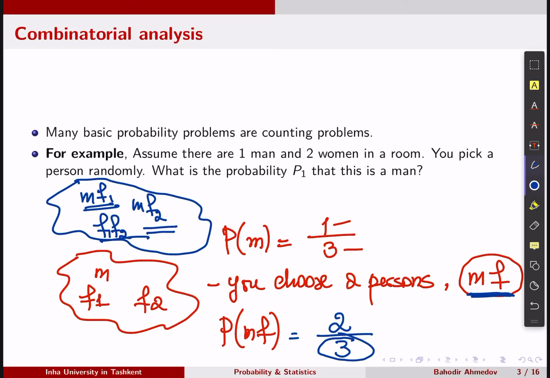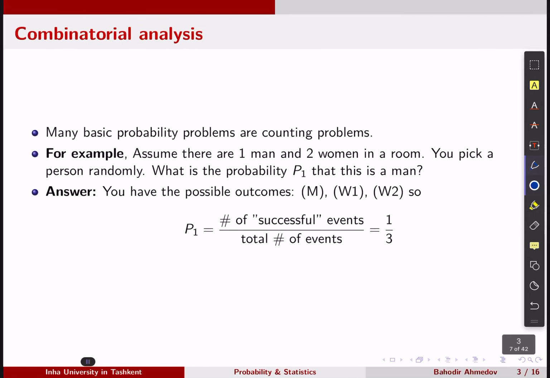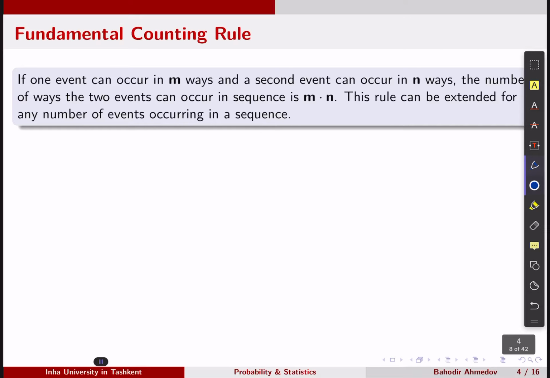And the combinatorial analysis helps us to calculate those numbers, like the 2 and 3, using formulas. The most important formula for the combinatorial analysis is called the fundamental counting rule. It basically tells us that if one event can occur in m ways and the second one can occur in n different ways, then together in a sequence they can occur in m times n ways.